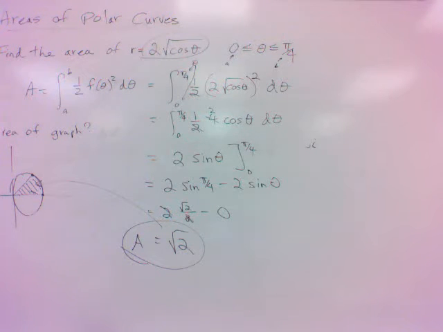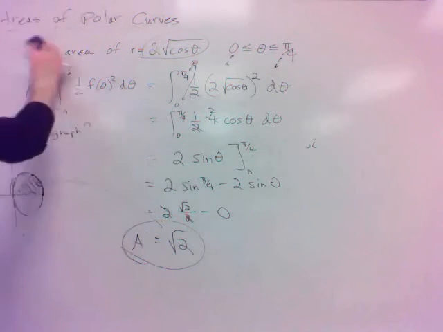So sometimes we'll have to figure out which part, or what the angle is that we want. What if I was wanting the whole top half of this 2 square root of cosine theta? What would I need to go to get the top half? How would I get the area of that top half?